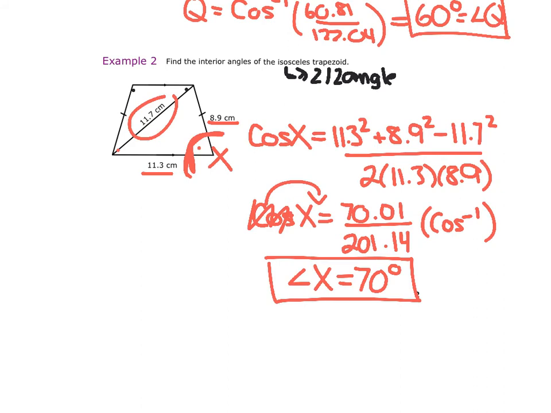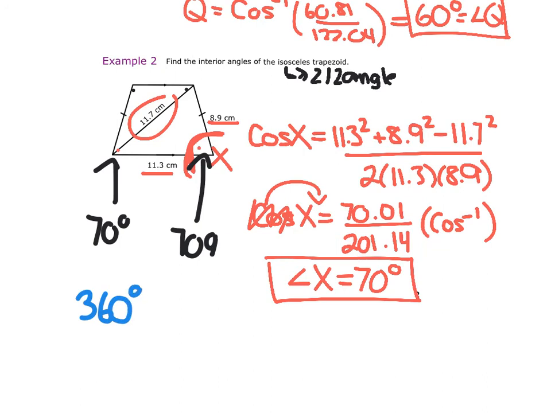So we know that this angle equals 70 degrees. We know that this angle equals 70 degrees because they're equivalent. But now we have to find out what the other two angles equal. So what we could do is 360 degrees, because that's what a quadrilateral adds up to in its interior angles.